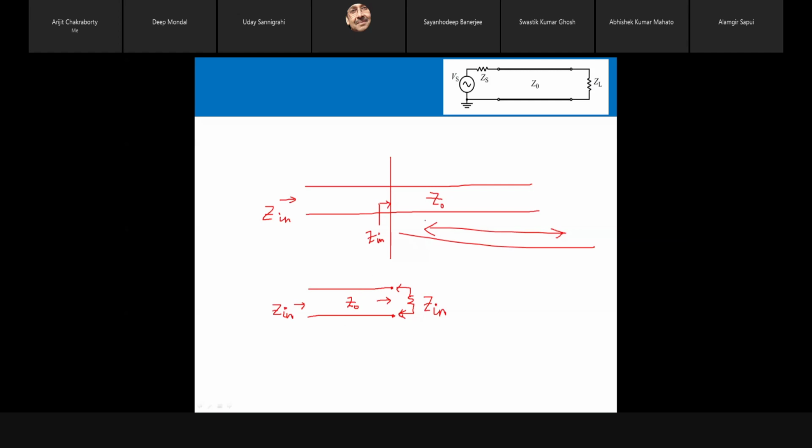So the input impedance of an infinite transmission line is called its characteristic impedance, because its input impedance does not change when it is terminated or loaded at the other termination by the same impedance.